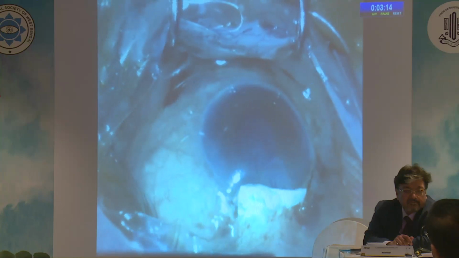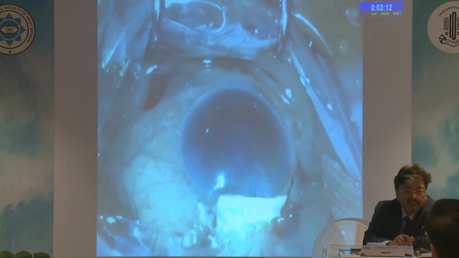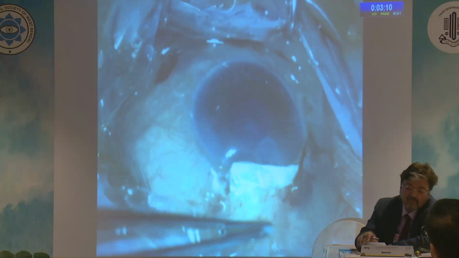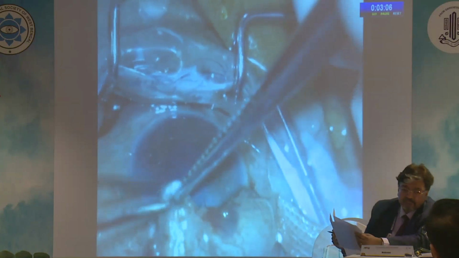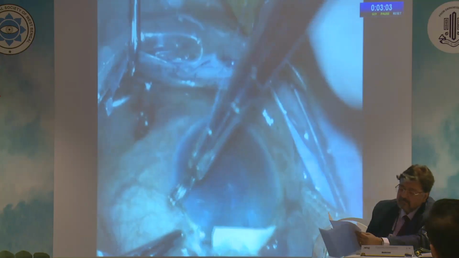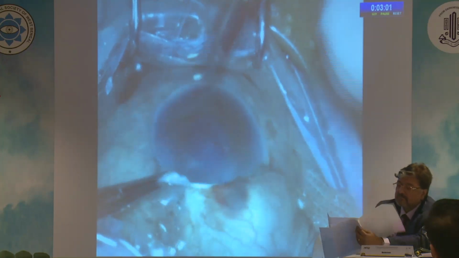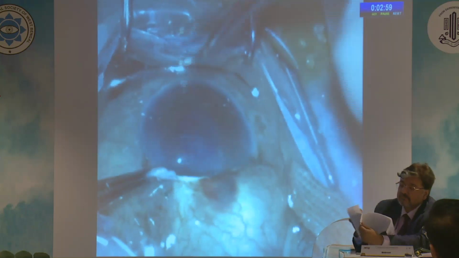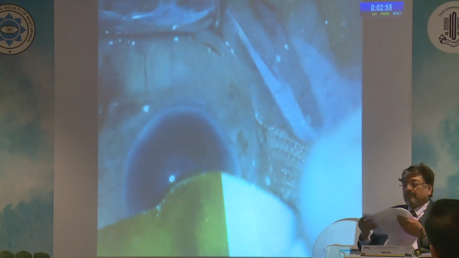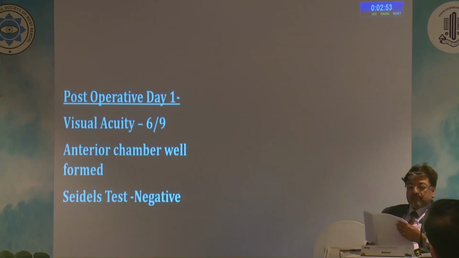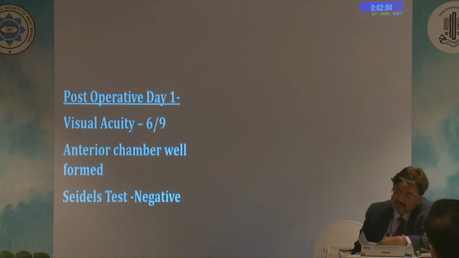Conjunctival closure tried, but difficulty perceived, so release of conjunctiva was given. Tenon's remains intact and conjunctival closure done. In POD1, vision improved to 6/9 with negative Seidel's test.